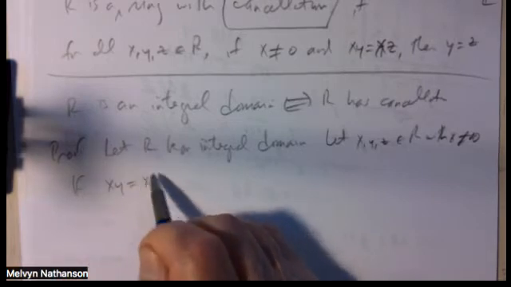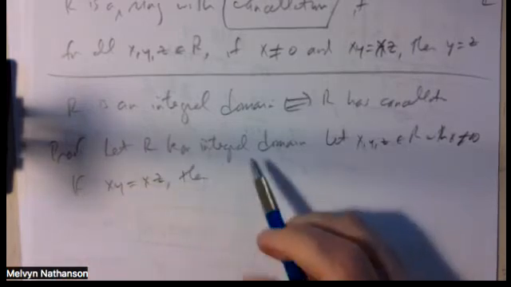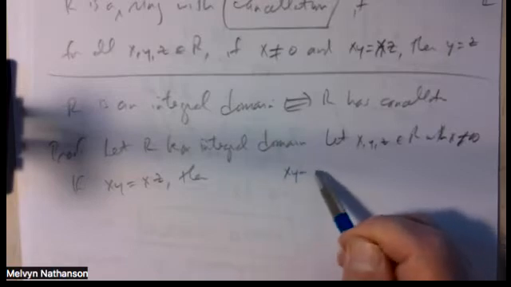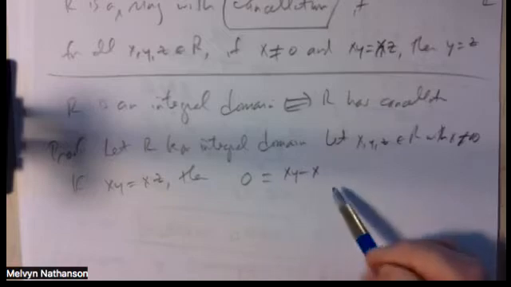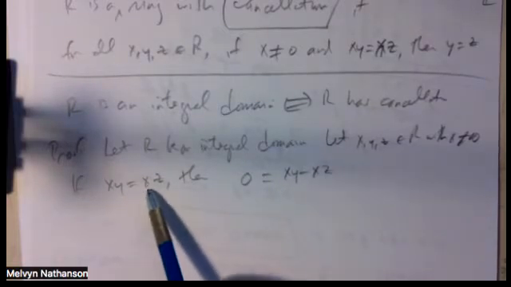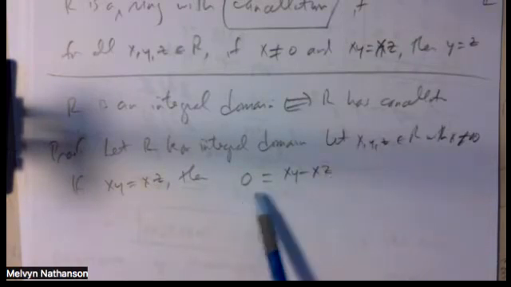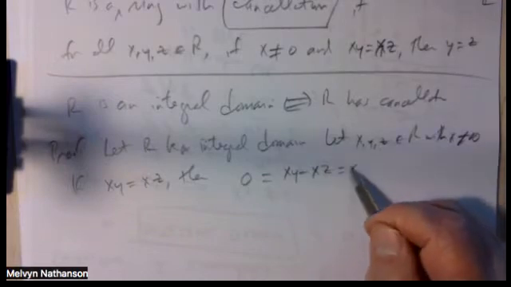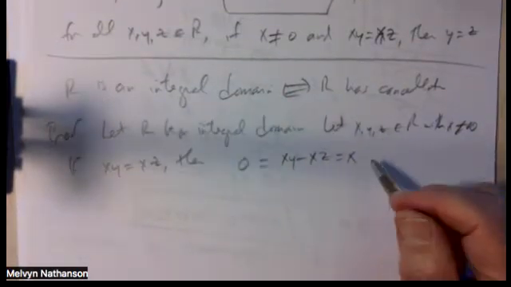Let x, y, z be in R with x not equal to 0. If xy equals xz, then xy minus xz is 0. Right? If xy equals xz, then you subtract xz from both sides. You get 0 as xy minus xz. But I can factor out an x because the distributive laws hold in a ring.